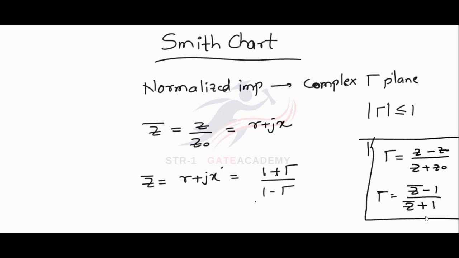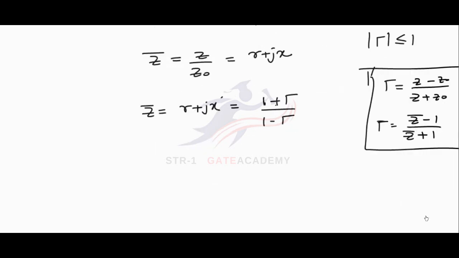So therefore I can write R plus jX is equal to, in place of gamma, (U plus jV) divided by (1 minus U minus jV). Now we need to rationalize this. We rationalize this and we equate the real and imaginary terms. So what will happen?